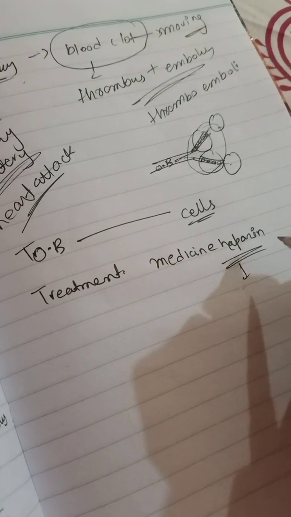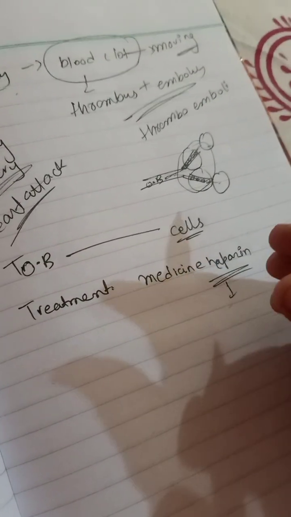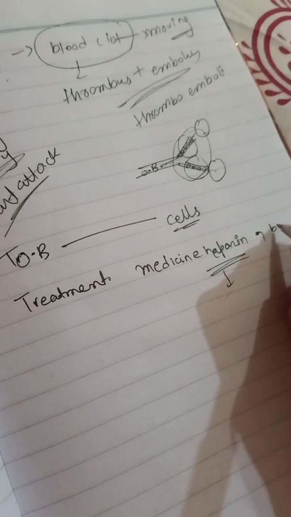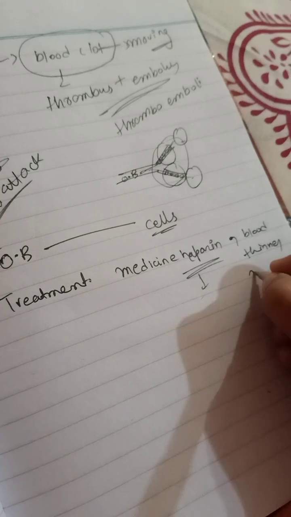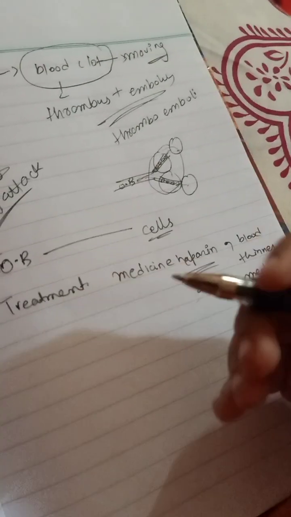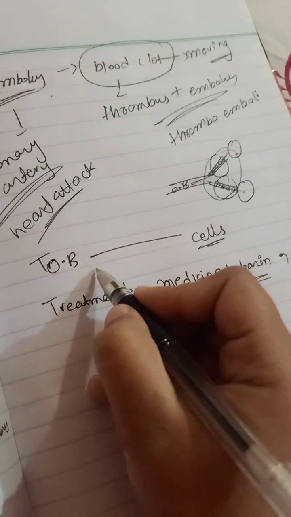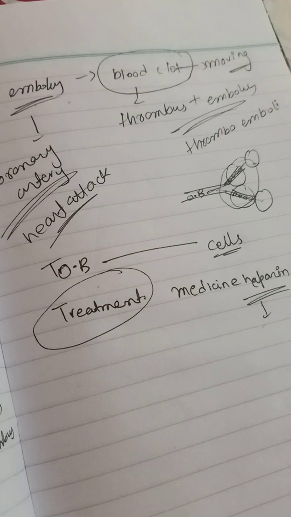As well as this, we have blood thinner medicine, and we also have anticoagulants, which will prevent blood clots. So these are the basic treatments through which the blood clot will be decreased.